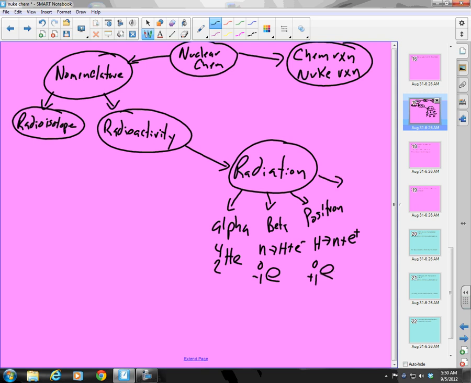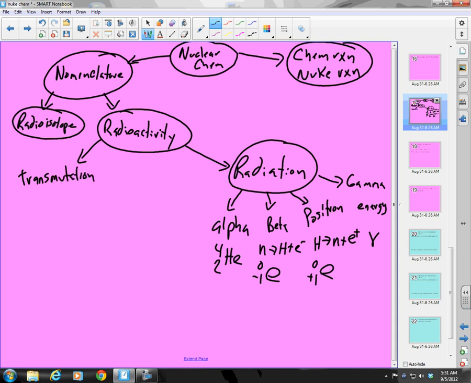And then we had gamma, right? And we said gamma is just the release of energy from my nucleus, and it does not lead to, what do we call that? A transformation, right? We said because of radioactivity, we can have some transmutations, excuse me.